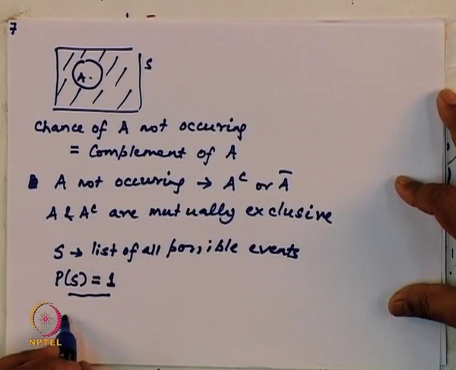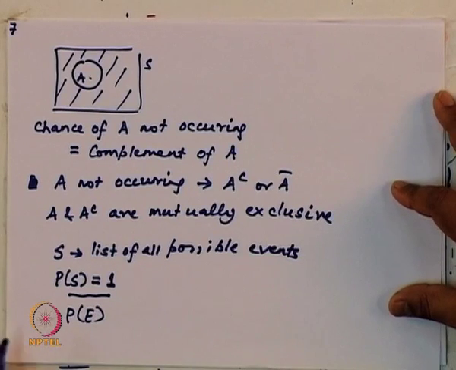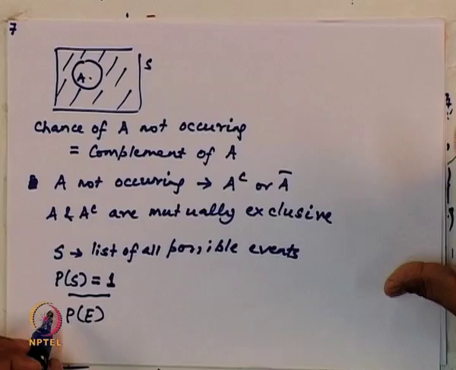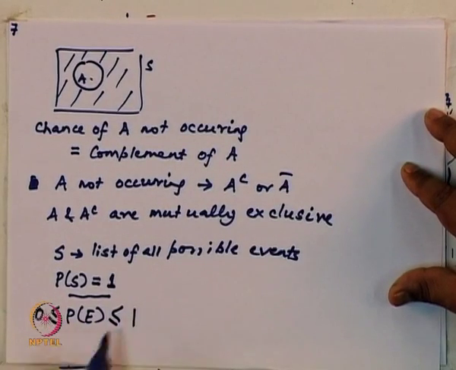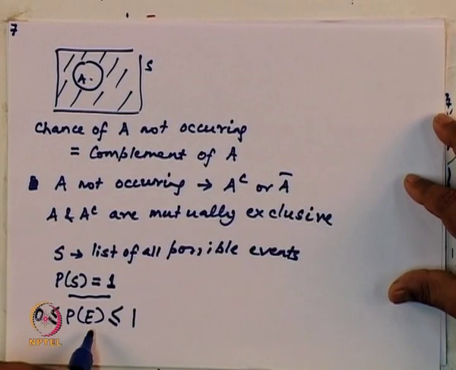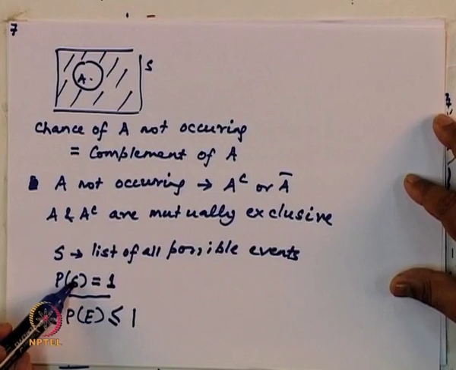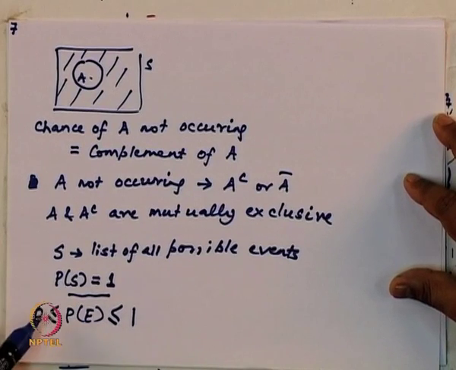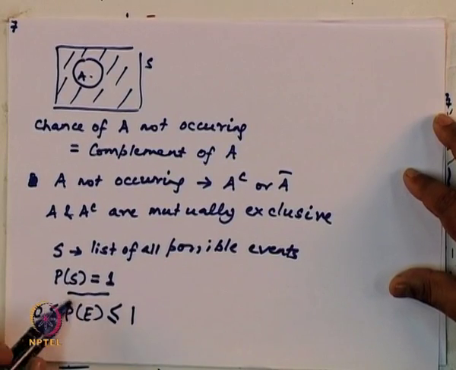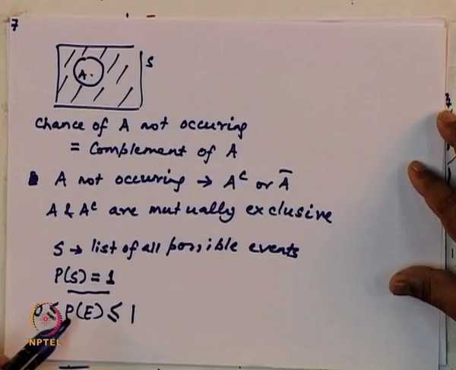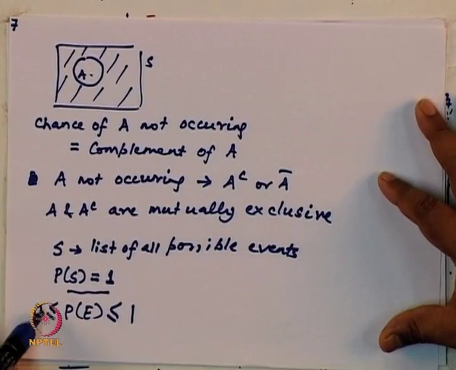In the generic case, the probability of an event E must fulfill one particular criterion: 0 is less than or equal to the probability of an event E, which is less than or equal to 1. When your event is just the sample itself, the probability of the event is equal to 1, that is the highest bound. If you define an event that does not occur under any case, then 0 is the probability.